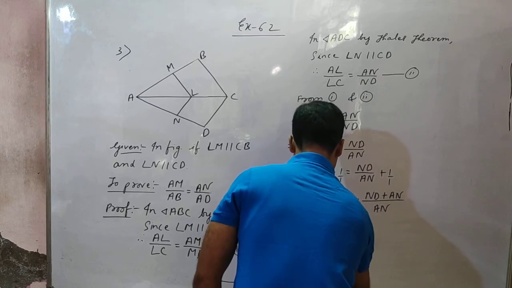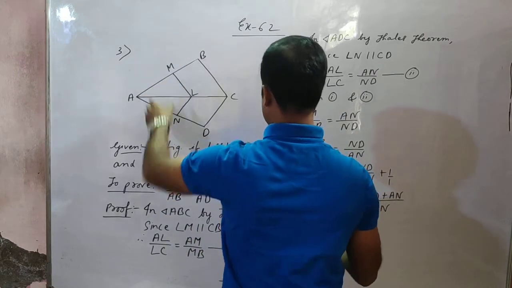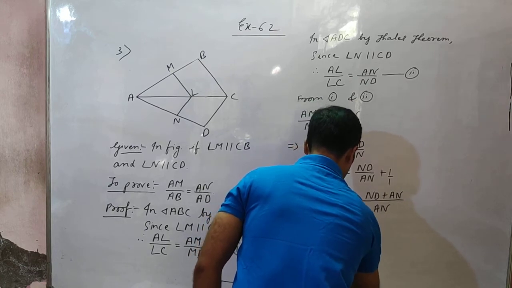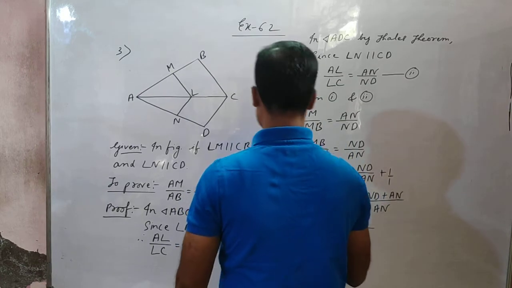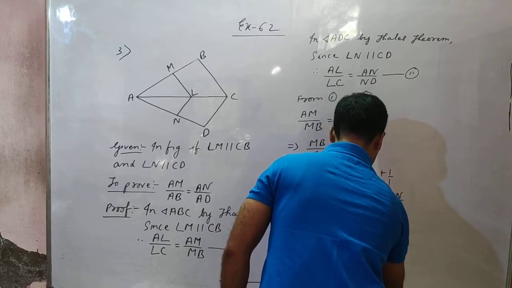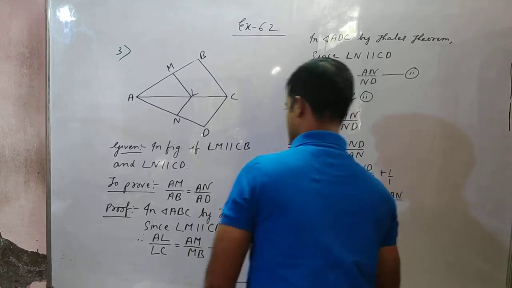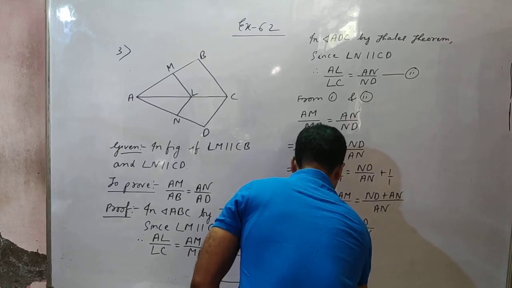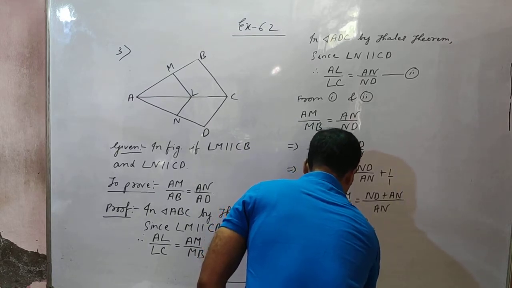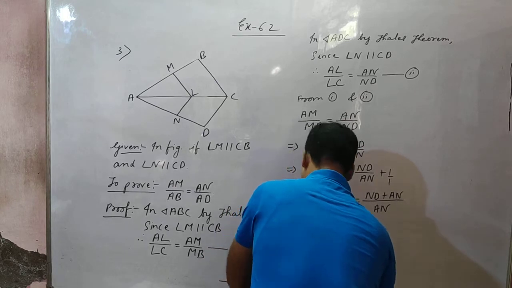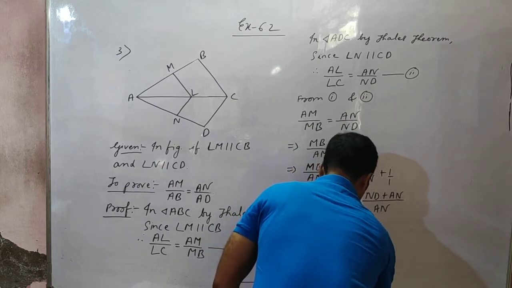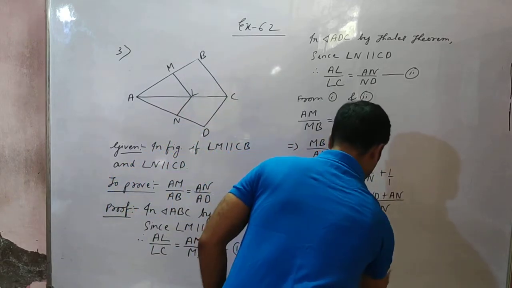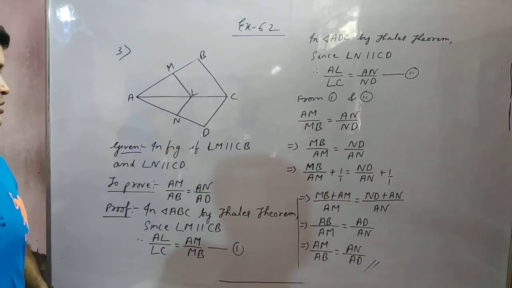So we will get MB plus AM means AB, and ND plus AN means AD. So AM by AB is equal to AN by AD. Very easy sum, friends. Very easy sum.